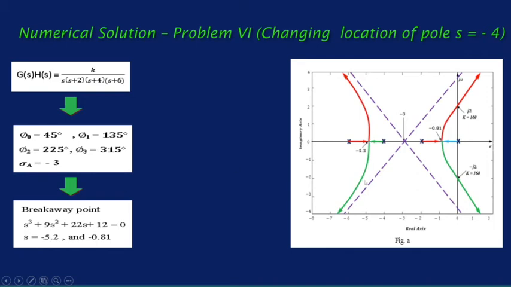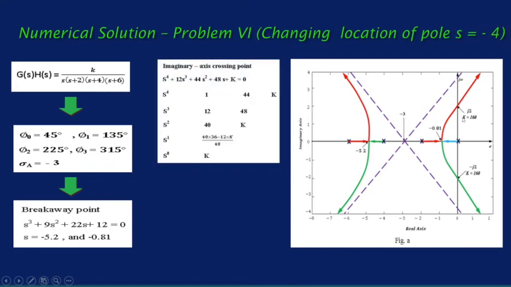Minus 5.2 lies in the root locus. Another point, minus 0.18, lies in the root locus. And these root loci move to infinity along the asymptotes.